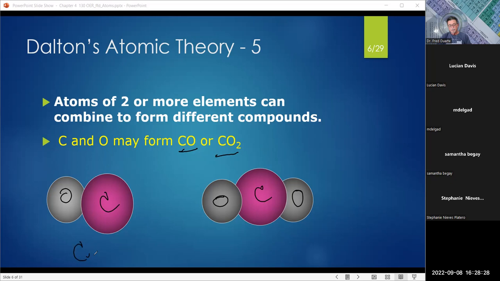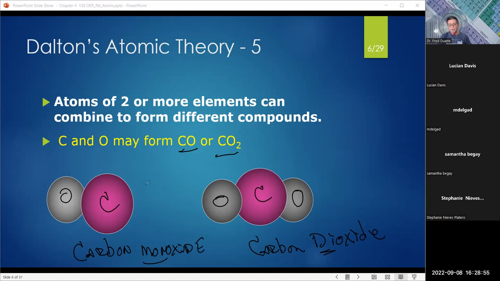So here we have carbon monoxide. Notice the naming: mono meaning one, there's one oxide, one oxygen, compared to carbon dioxide, meaning there are two oxygens. Note the prefixes di and mono.